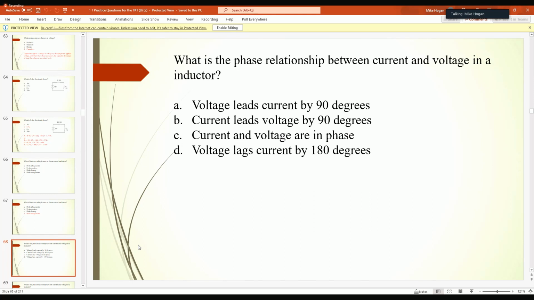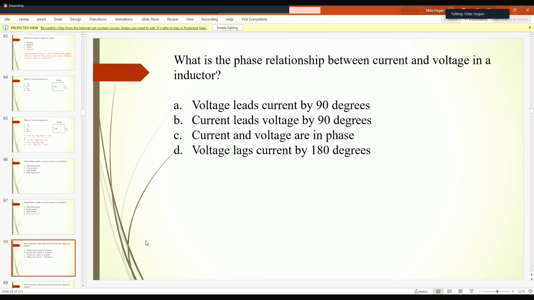So it was Eli the Iceman, right? Eli, E-L-I, L being inductor, E being voltage, I being current, and then ICE was for capacitor, the C being capacitor, the I was current, the E was voltage. And so Eli told us that our voltage leads current by 90 degrees. Our voltage leads current.